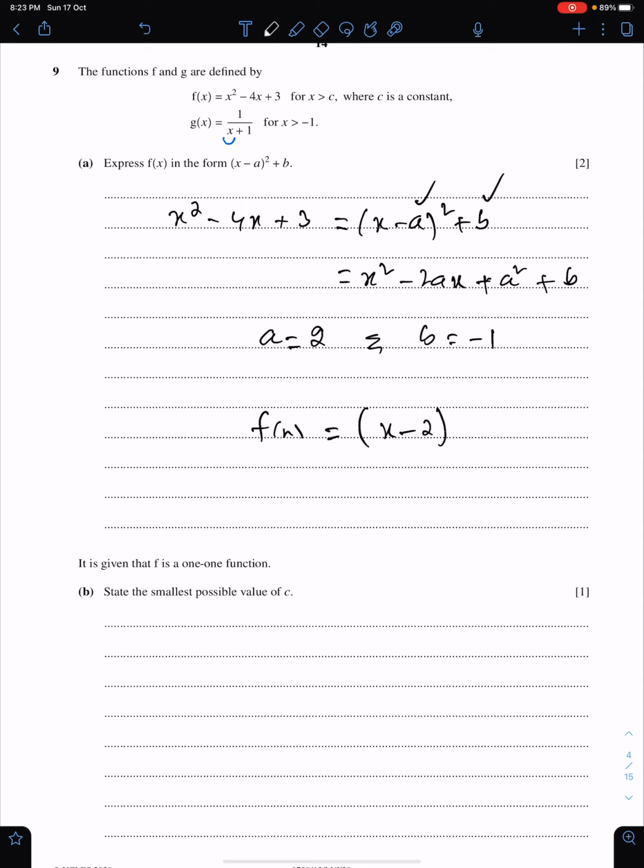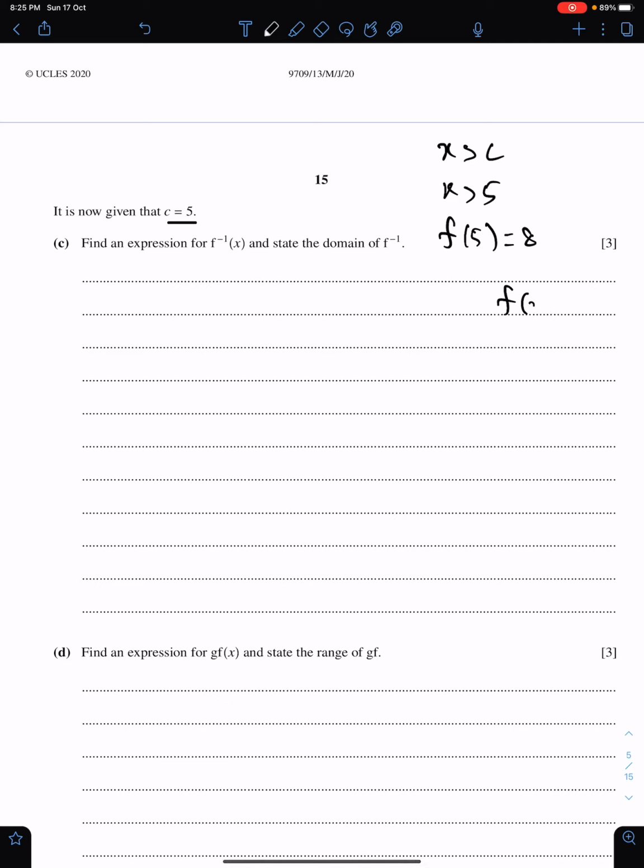The domain of f is now x greater than 5, because in this part it's given that c is 5. And the range of f will be, first find f of 5, which is 8. Therefore, the range of this function must be f of x greater than 8, because this is the sketch of the function f.